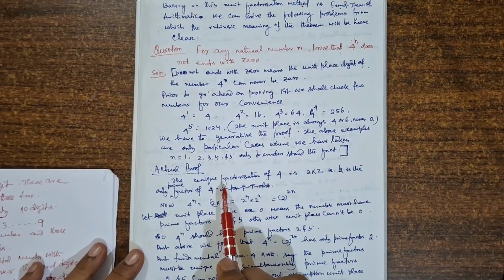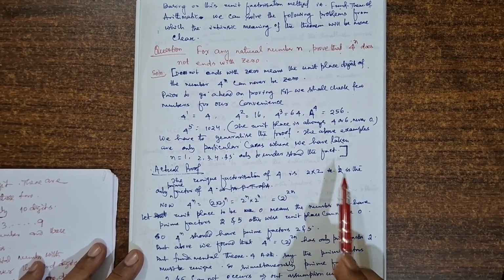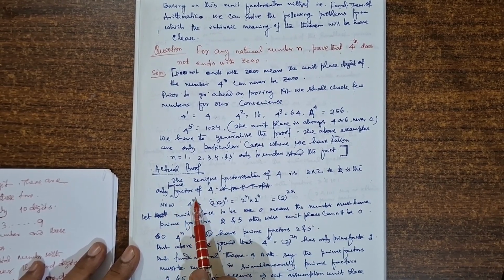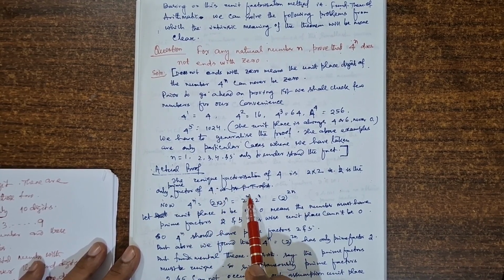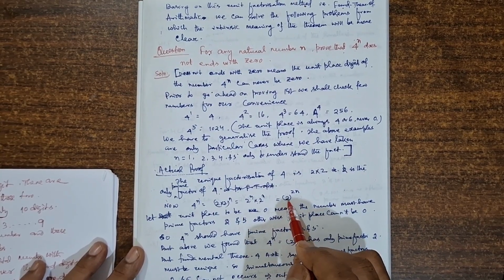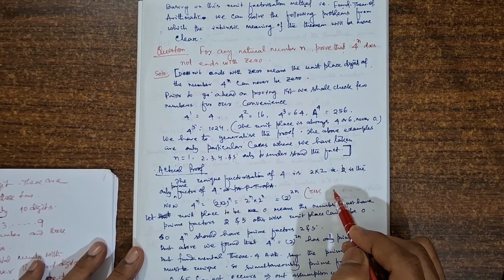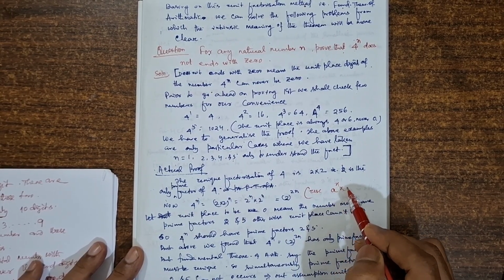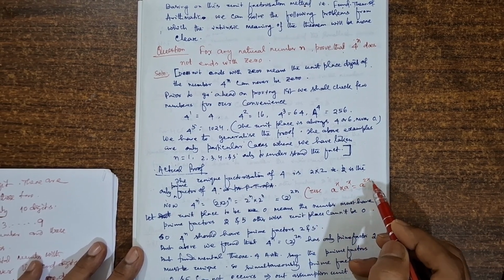Actual proof. The unique factorization of 4 is 2 into 2, i.e. 2 is the only prime factor of 4. Now 4 to the power n is equal to (2 into 2) to the power n, that is equal to 2 to the power n into 2 to the power n, that is 2 to the power 2n, using a to the power x into a to the power x is equal to a to the power 2x.